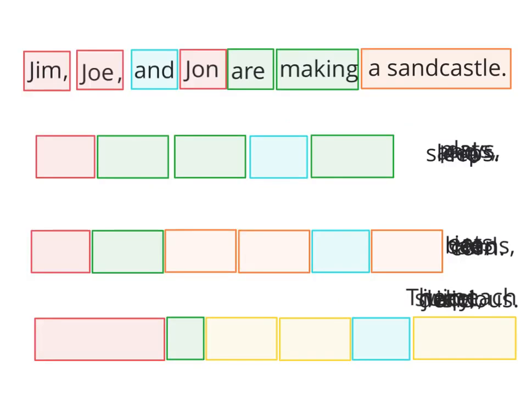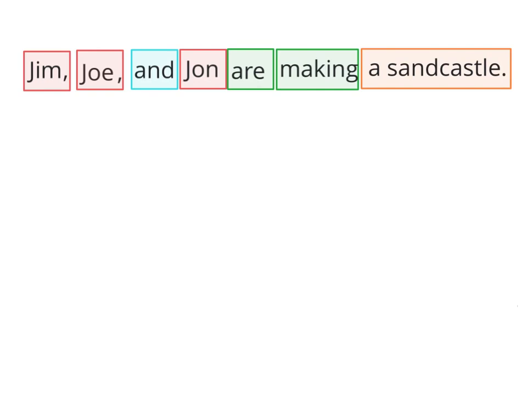Let's look at this in our 4 sentences that we have done today. So in our first sentence, when we have 3 subjects who are making a sandcastle, we have Jim, Joe, and John. That's 3 people. We can see that Jim is person number 1, Joe is person number 2, and John is person number 3.